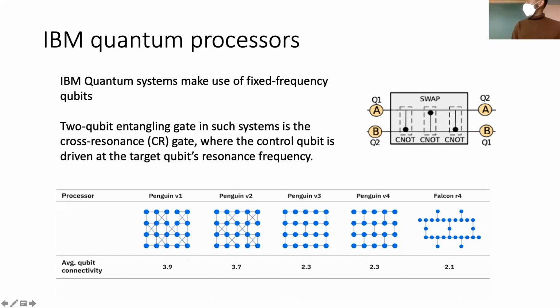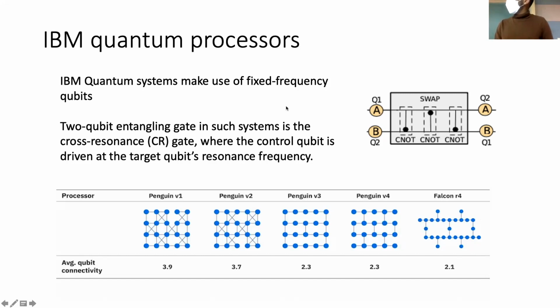If we want to apply a 2-qubit operation from this qubit to this qubit, we might need to swap the information to make them closer to each other. Not all qubits are physically connected, so we need to bring the information closer together to apply a 2-qubit operation.